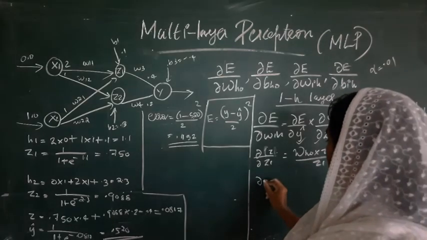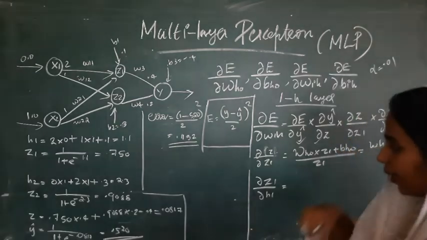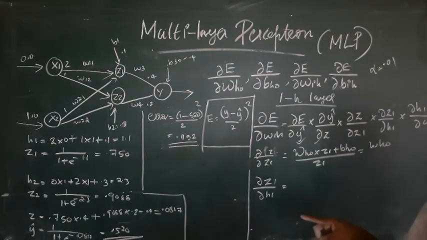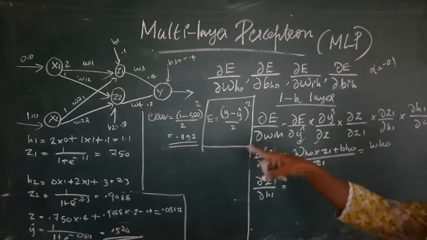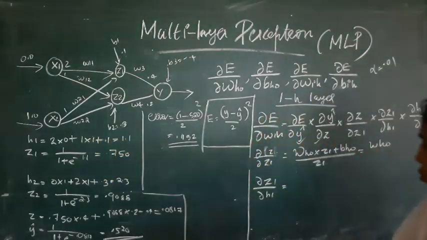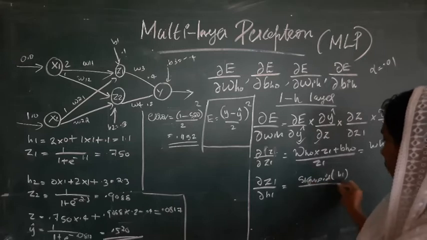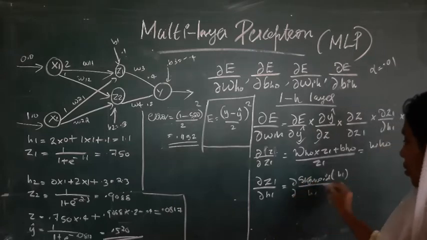Now we have to find ∂z1/∂h1. You know that the value of z1 is obtained by taking sigmoid of h1. So it is the derivative of sigmoid of h1 with respect to h1.